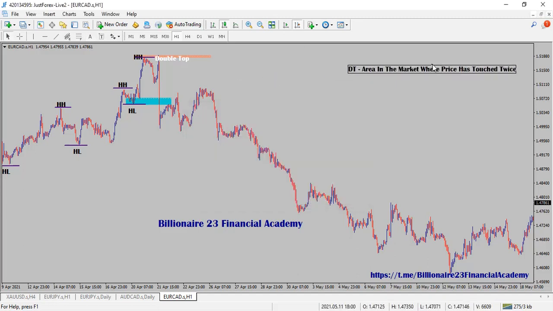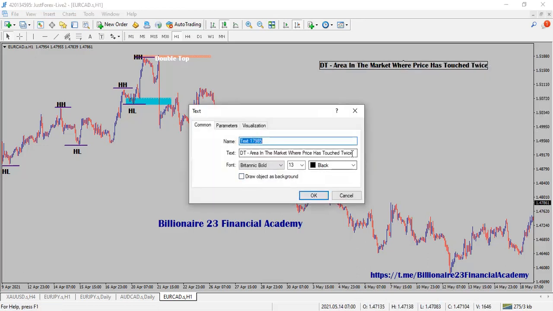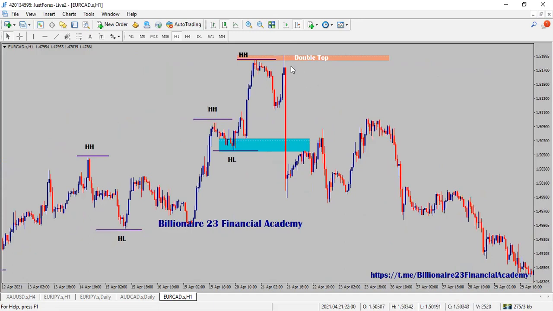A double top is an area in the market where price has touched twice, full stop. Not 3 times, 4 times, 16 times, just twice. This would be regarded as a double top.